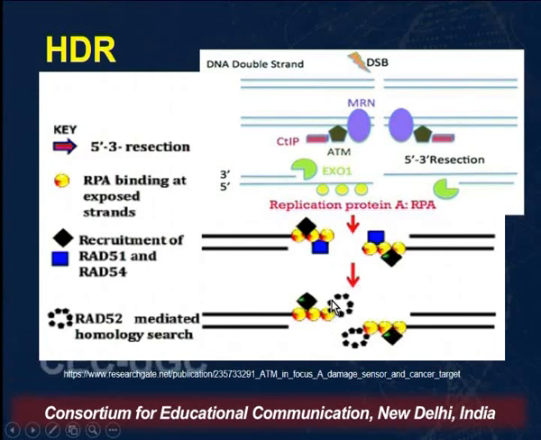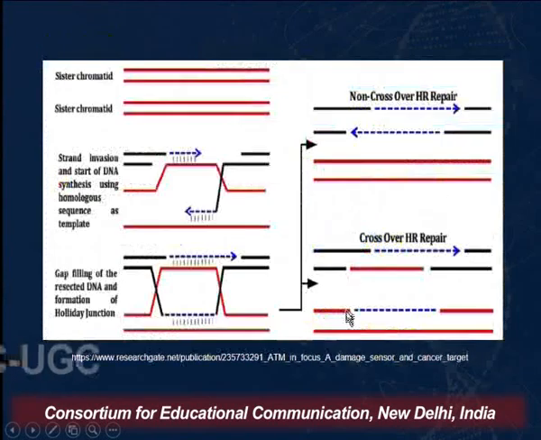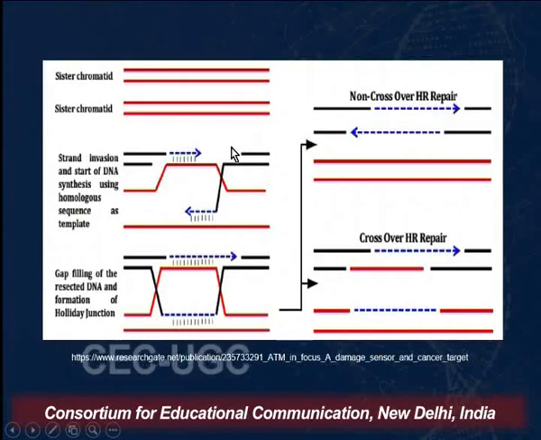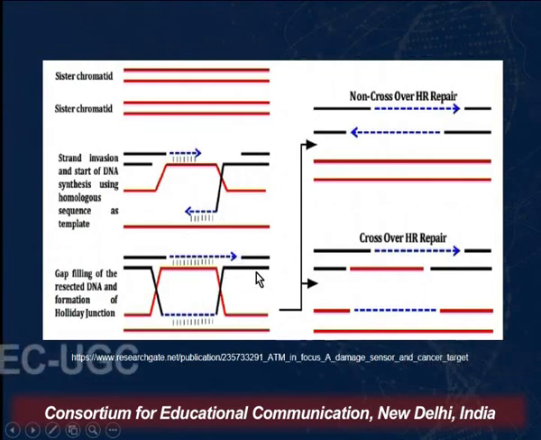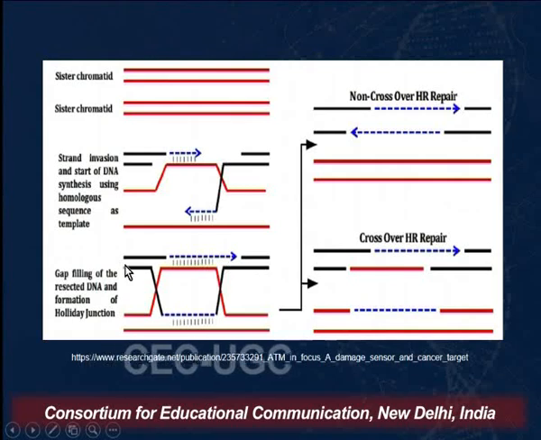These proteins stabilize them, and then they further recruit certain proteins, which help in the identification of the homology templates, and then they are extended by the polymerases, yet unknown polymerases, and then the ligases come and seal this off, and therefore, based upon the homologous sequences, the new sequences are formed here.